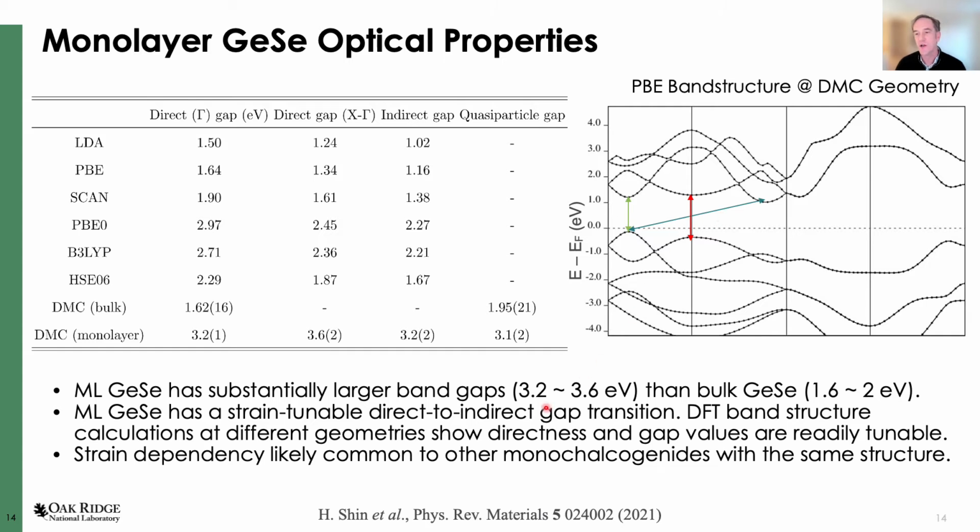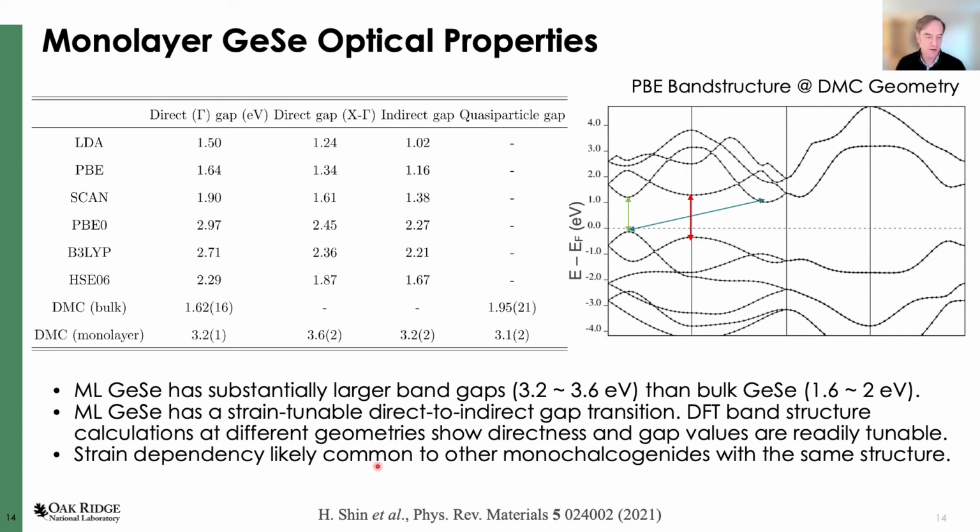So what we were then able to conclude was that germanium selenide has a strain-tunable direct to indirect gap transition. By straining this material a little bit, we can tune these different excitations to be direct or indirect. So in addition to being sensitive to study in terms of theoretical methods, it's also sensitive in practice, and one might think to make a sensor, for example.